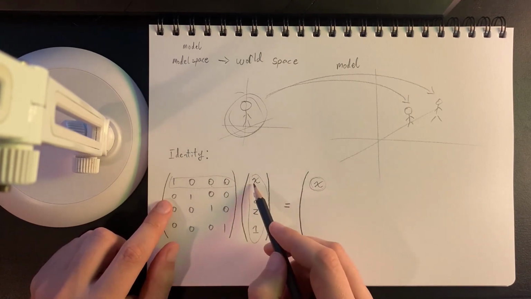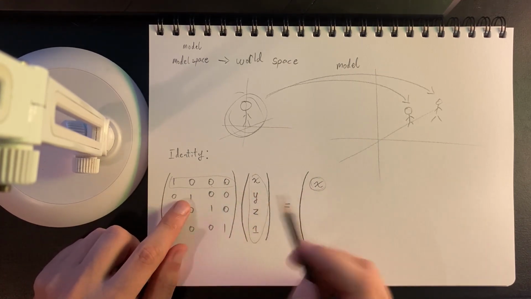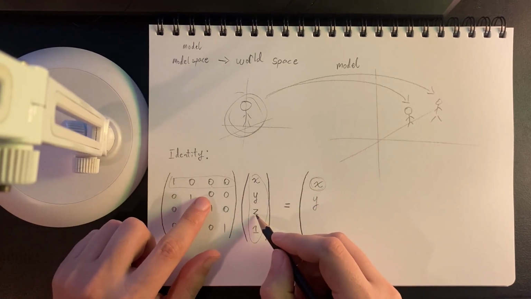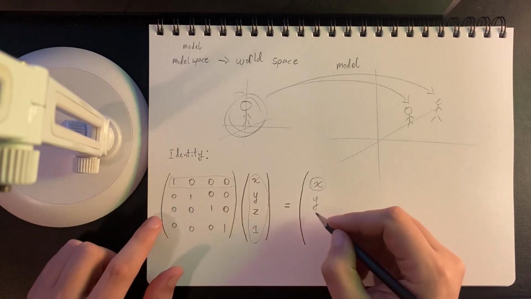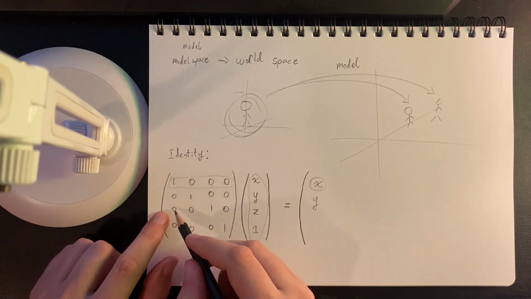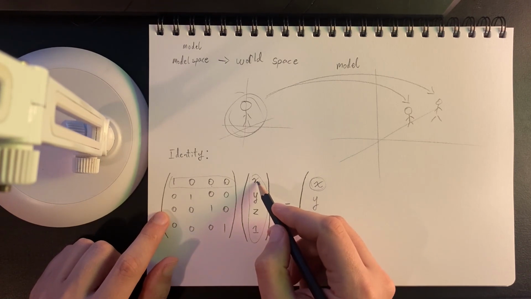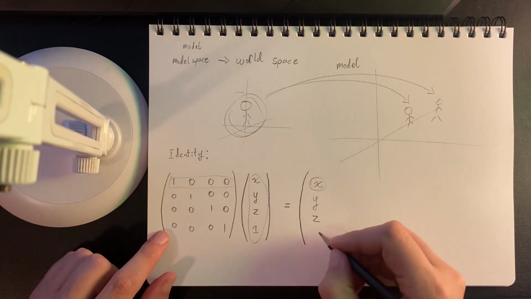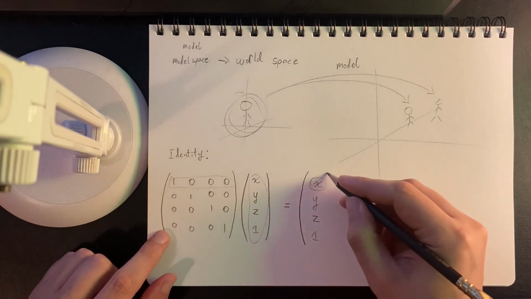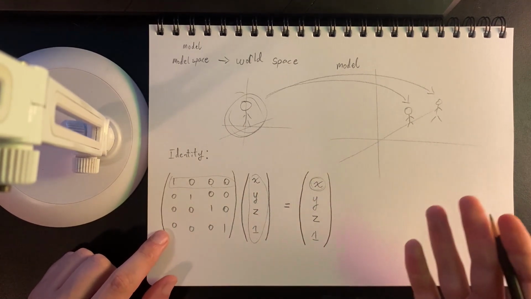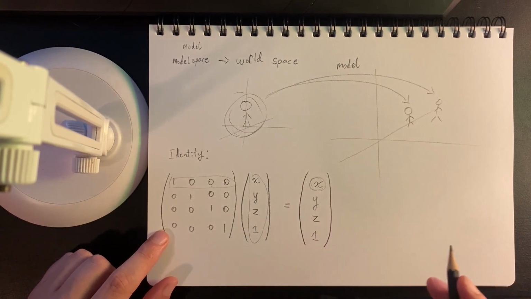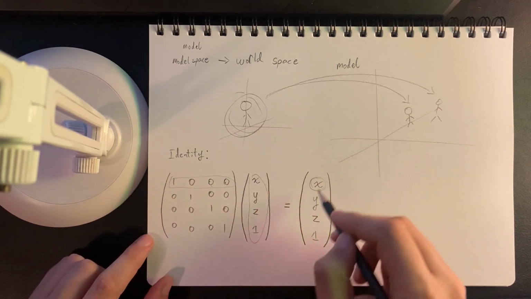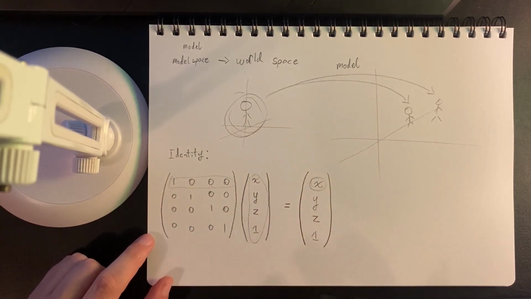We have 0 times x, plus 1 times y, so 0 plus y, and then plus 0 plus 0. And we keep going. So we have 0 times x plus 0 times y, 1 times z. I know this seems a little silly, but when we go through this, we find that this makes absolutely no difference. Take the vector, hit it with the transformation, we get, as a result, the exact same vector.